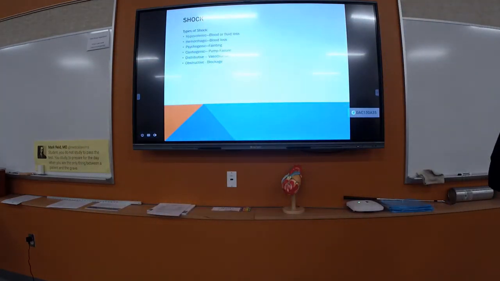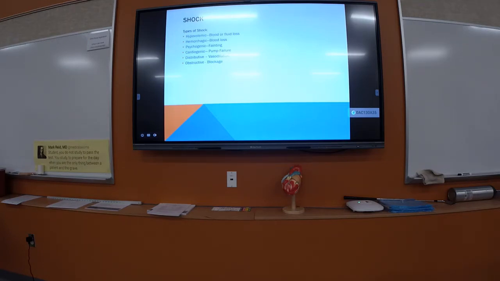It's also known as hypoperfusion. I don't use that very often, but hypoperfusion is the inability of the body to deliver oxygen and nutrients to the cells. So we have shock, and we have these different types of shock.